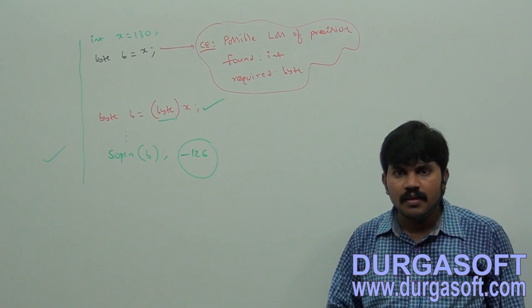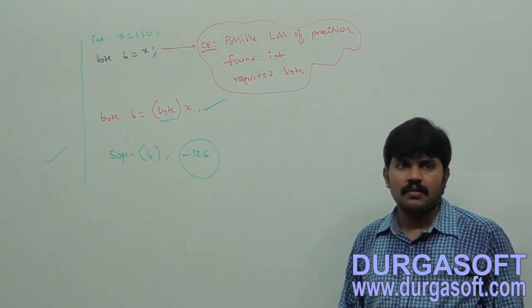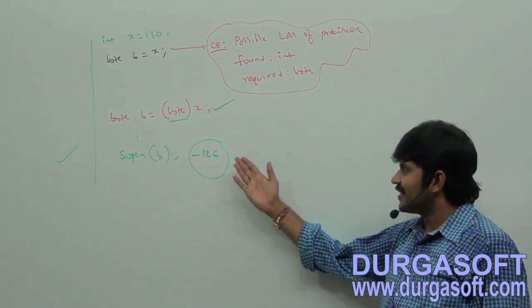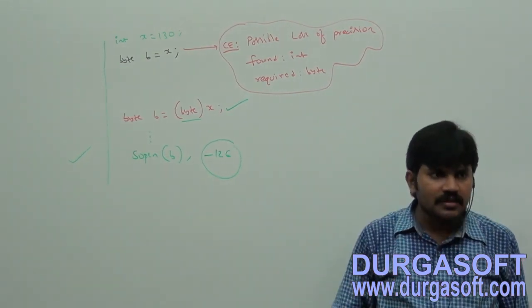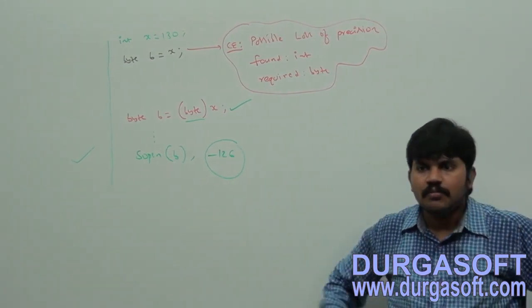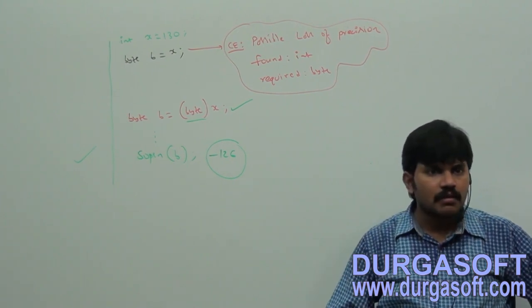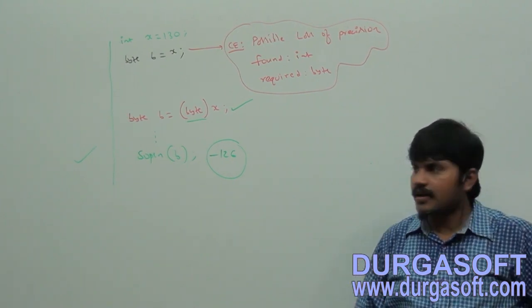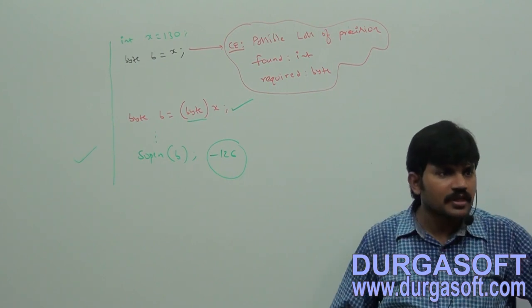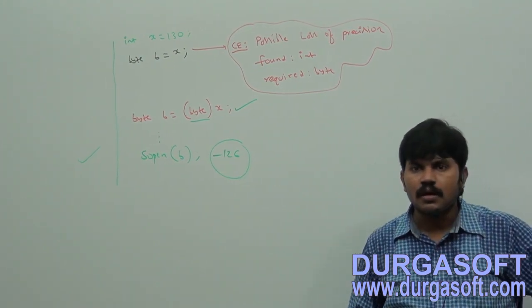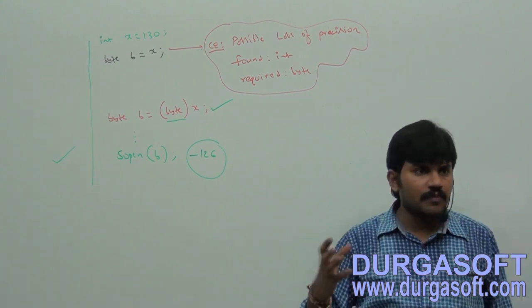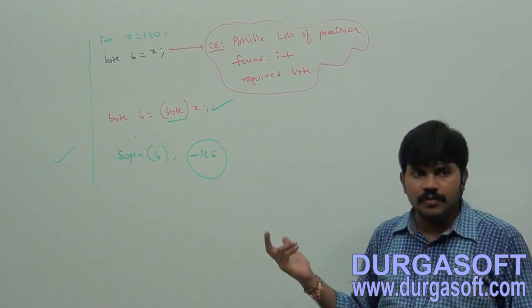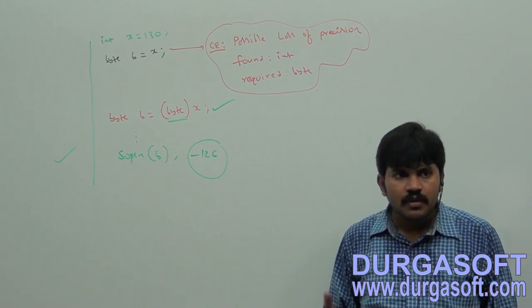Minus 126 is the value for 130. If I provide 150, then the answer will become minus 108.